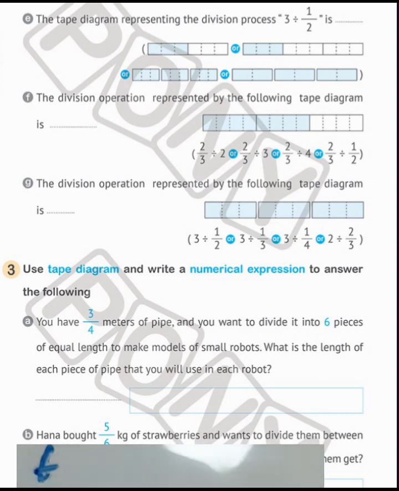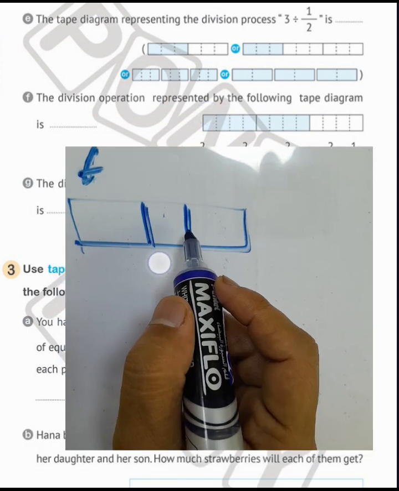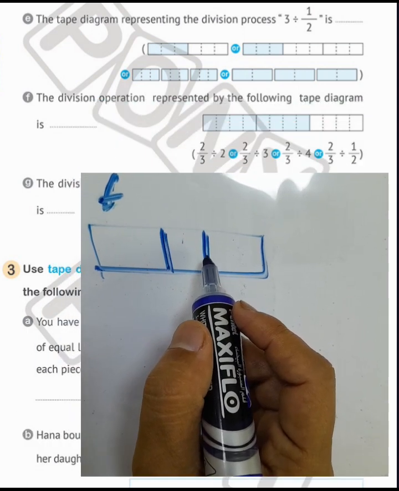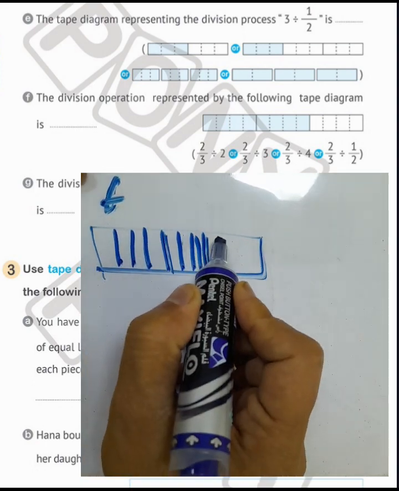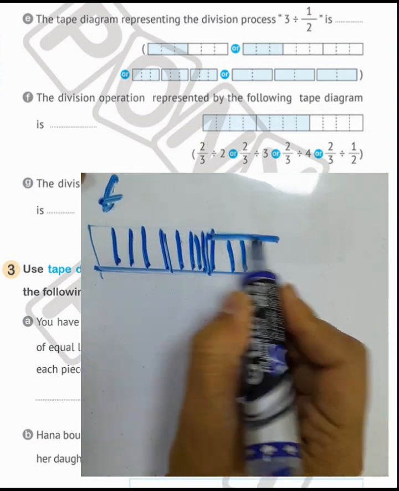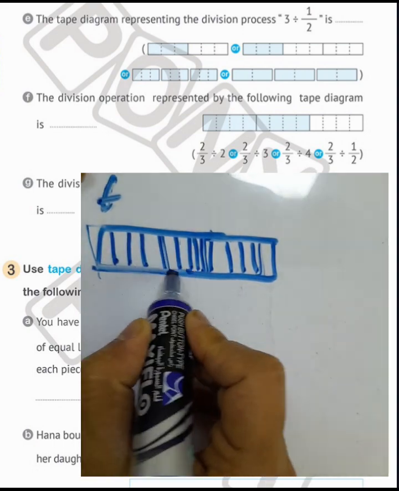We have 1, 2, 3. Okay, 3 parts, and each one divided in this example. 1, 2, 3, 4. We have 4 parts in each one of them.